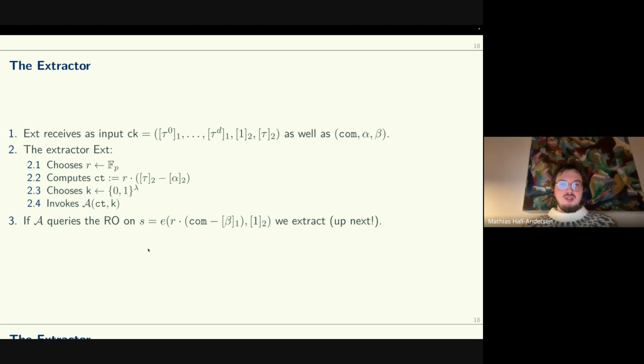If he queries the random oracle on S, then we'll extract. Otherwise, S is never queried, so the extractor fails, but that happens only with small probability.